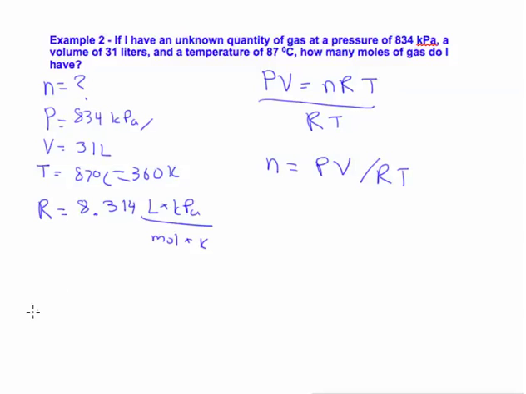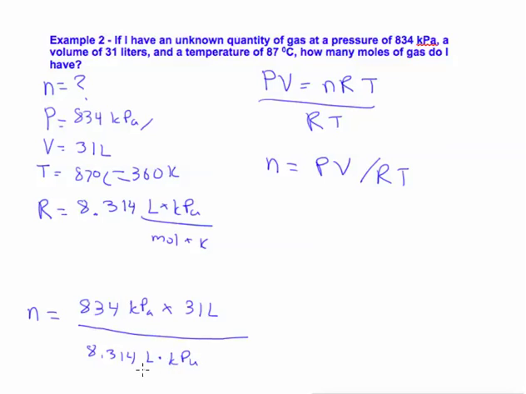So we can plug into our equation down here. 834 kPa times 31 liters divided by 8.314 liters kPa times 360 Kelvin.